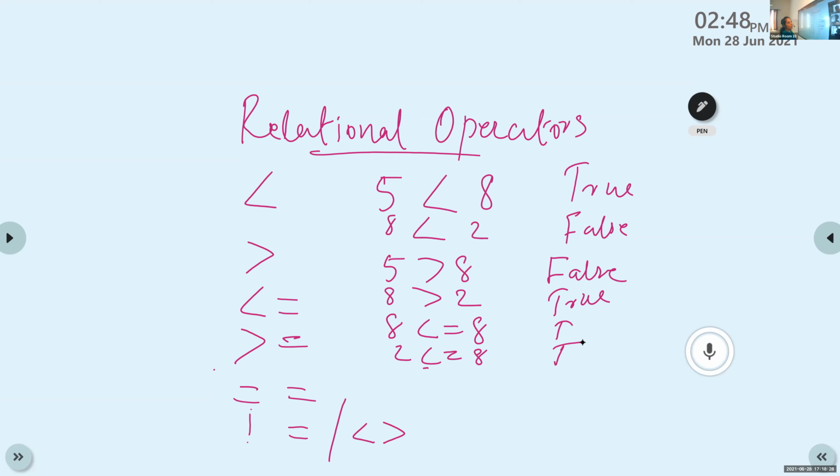Is it clear? Yes, ma'am. Okay. Then it's saying 3 greater than or equal to 3. What is the answer? True. True, correct. Then what about 3 greater than or equal to 1?